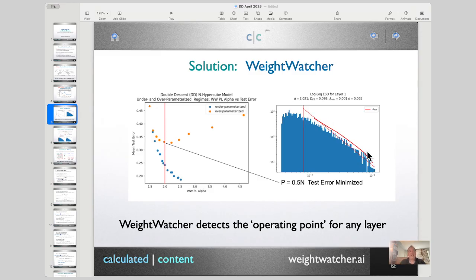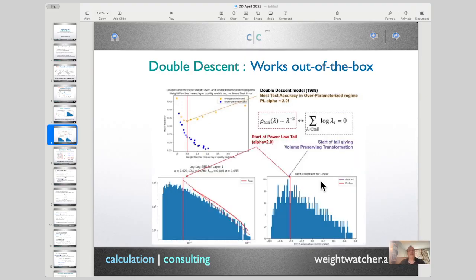And this is what I've been saying for some time: when you apply WeightWatcher, you can see that as alpha approaches 2 for a layer, the test error is minimized. Notice the test error doesn't go to 0. It's just not very large. Moreover, you can even see some of this new theory, which is in the paper, the det X condition, hold also.